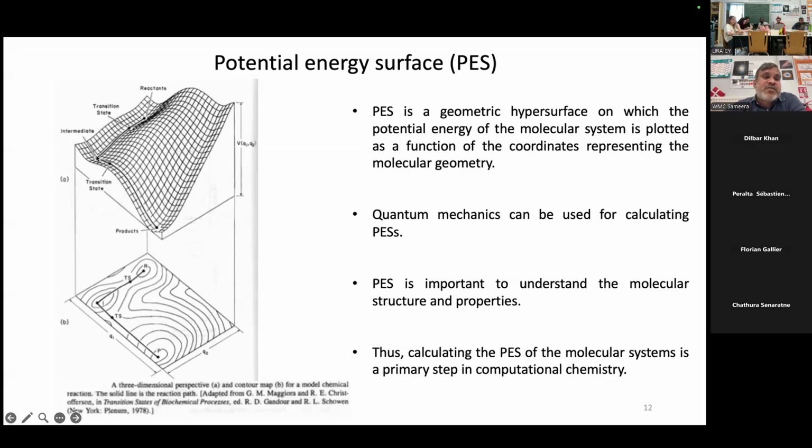And then you can further move into an even lower energy valley here through a small barrier. So if you can compute this surface somehow, you can get a lot of information about your molecular system. So this is a primary step in a computational study.